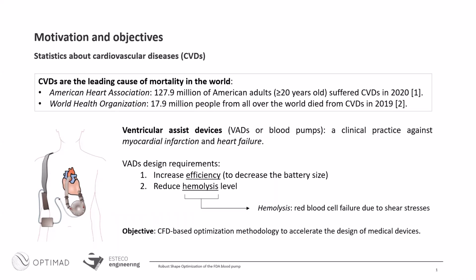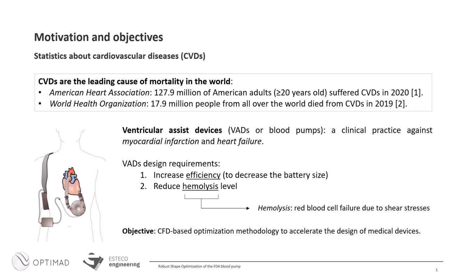This is the reason why the FDA in America has promoted the usage of CFD in order to design such a medical device. We have two main requirements. We want to increase efficiency in order to limit the energy consumption.